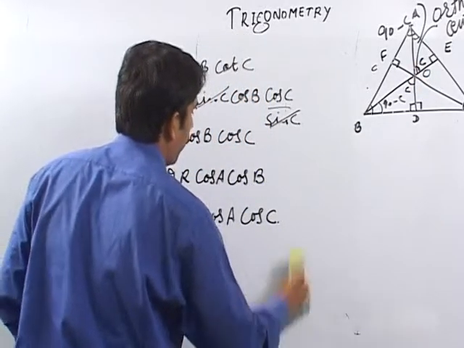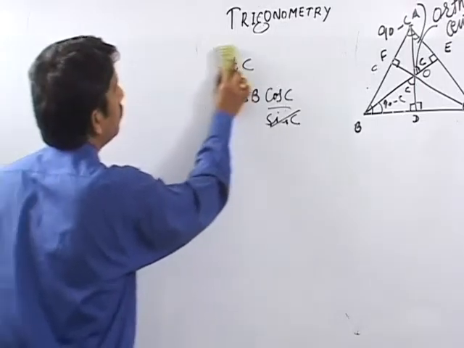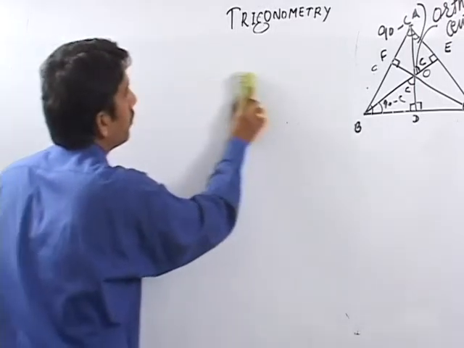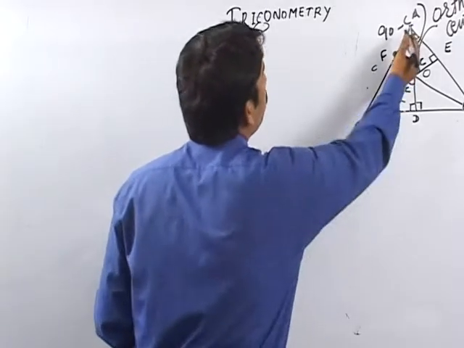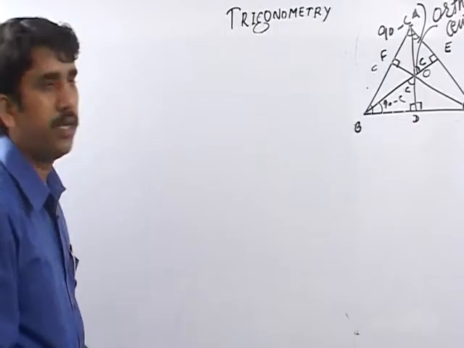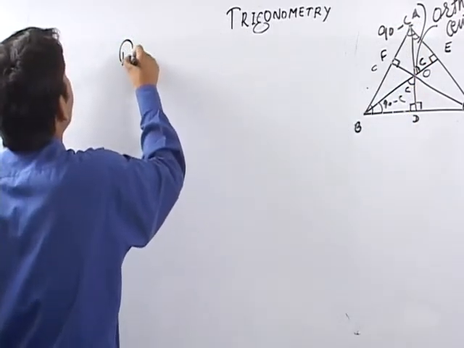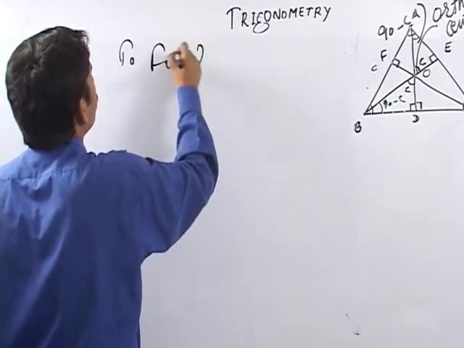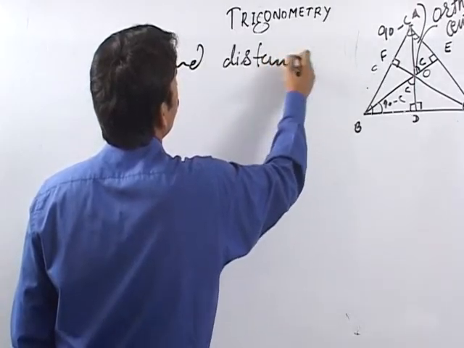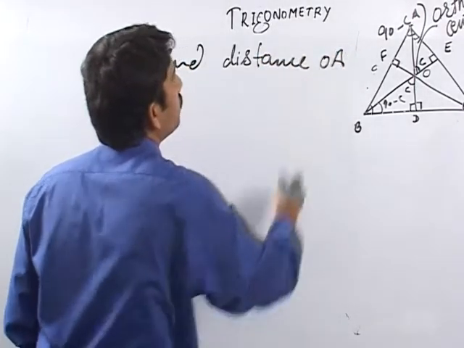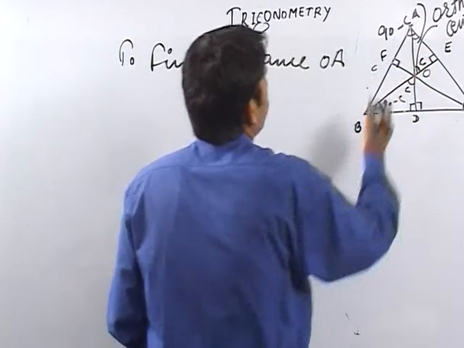Now we will find the distance of orthocenter from angular points. Its angular points are A, B, C. To find distance OA, we will take triangle OFA.